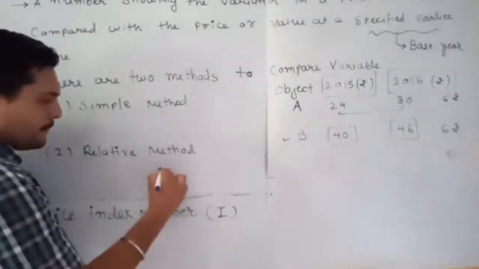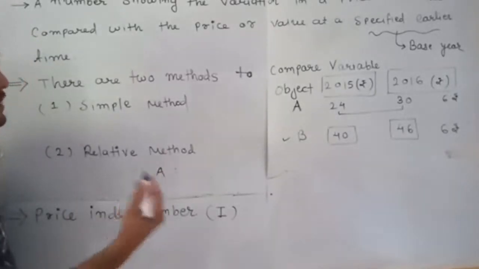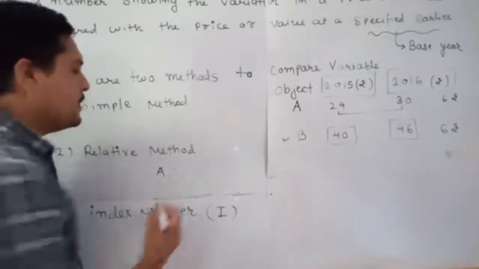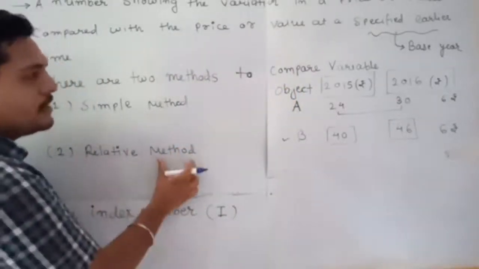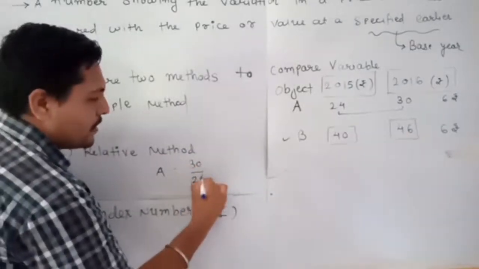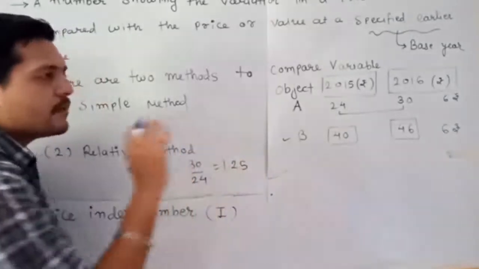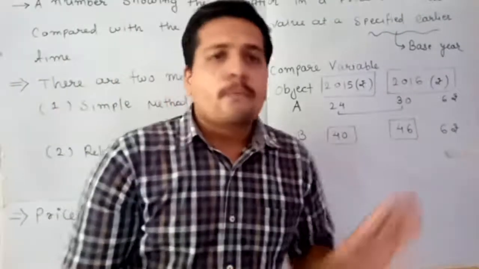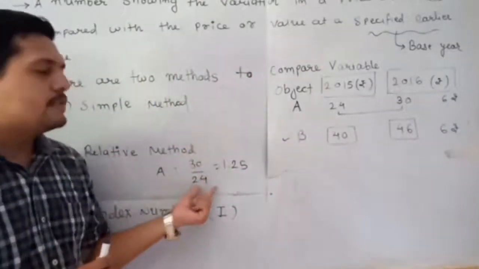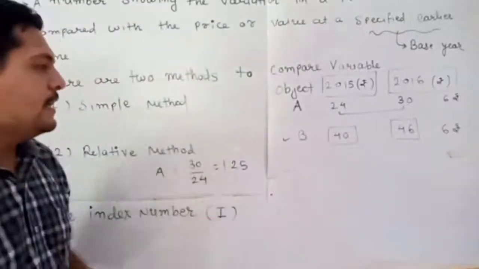First, for object A, we find the ratio of 2016 to 2015. In the relative method the ratio is 30 divided by 24, and the answer is 1.25. So the variation in price as a ratio is 1.25 for object A.